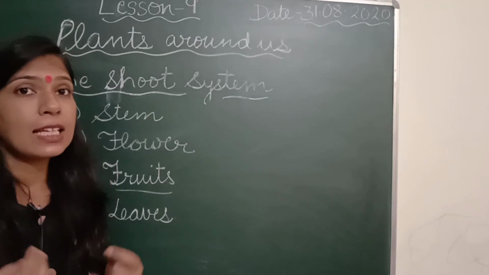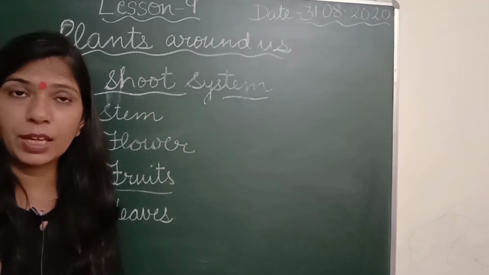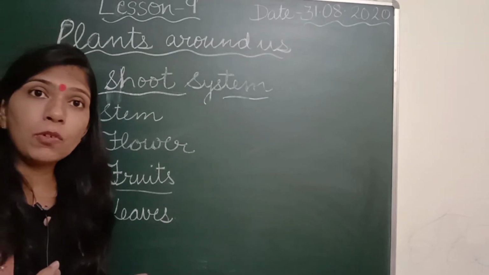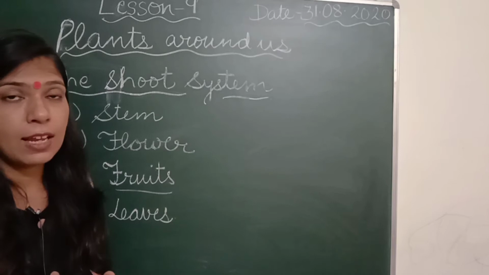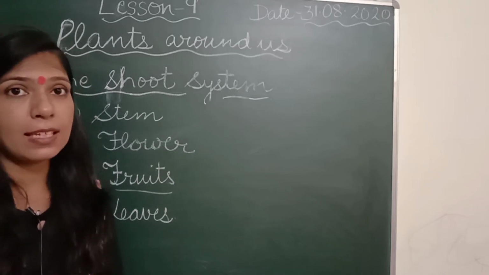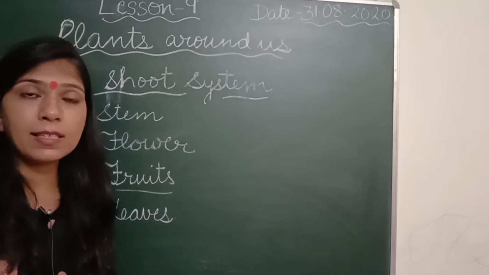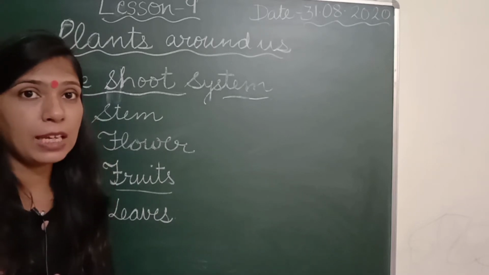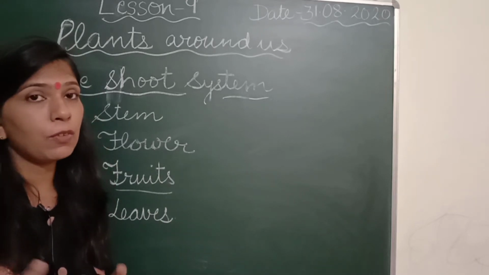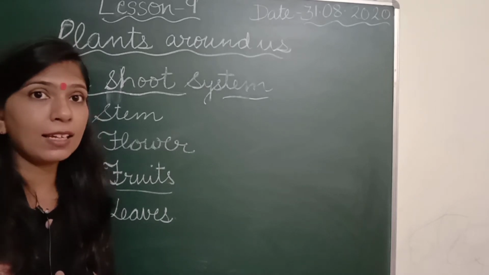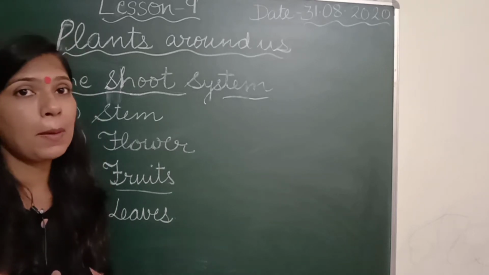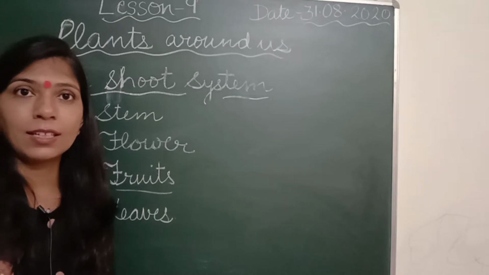Fruits have seeds inside them, right? Some fruits have one seed while others have many seeds. Fruits which have one seed, examples like your mango, peach, cherry, and which have many seeds, that are your watermelon or papaya, right?